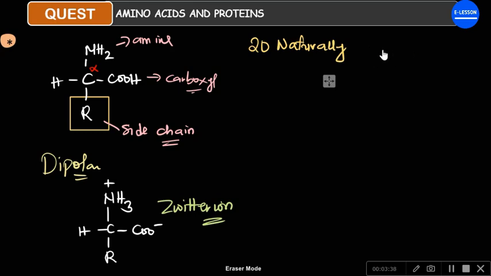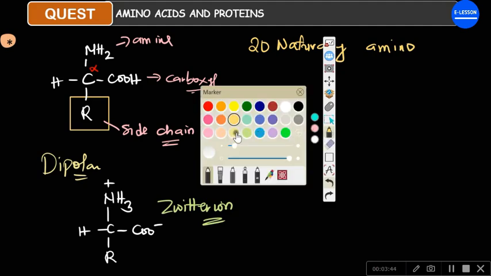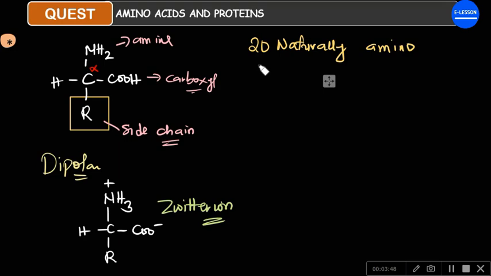Out of these 20 naturally occurring amino acids, about 10 of them, not up to 10, but let's just take it as 10, are essential amino acids. And then we have another 10 that are non-essential amino acids.